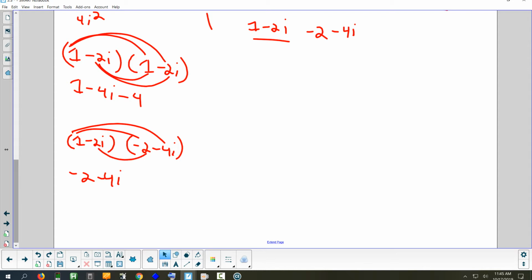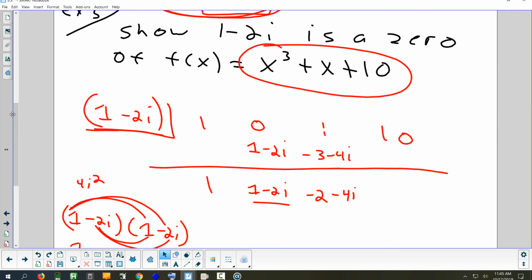Negative 2 times negative 2i? Emily? 4i. That's nice. Plus 4i minus 4i. So that's gone. And what's negative 2i times 4i? 8i squared, which is what number? Yep, negative 8. And what's negative 8 and negative 2? Negative 10. Perfect. Remainder 0.